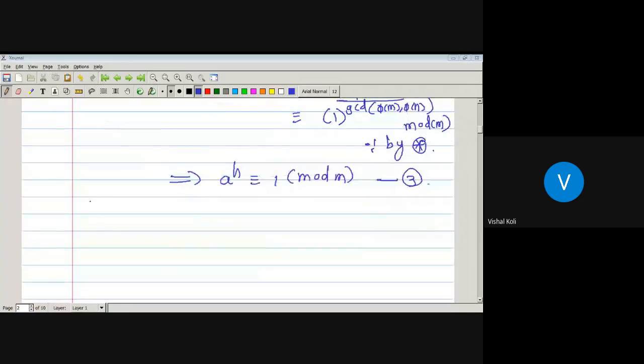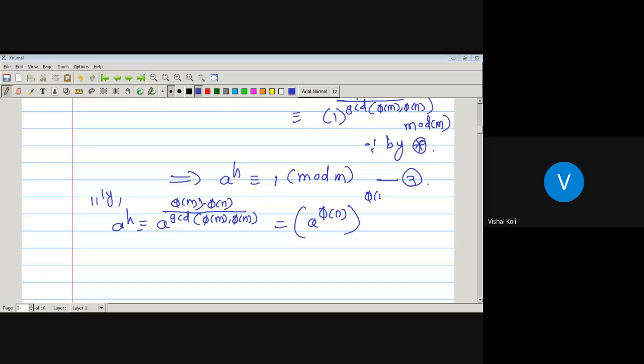Similarly, again consider a to the power h, which is nothing but a to the power phi of m into phi of n divided by GCD of phi m comma phi n, and which is nothing but a to the power phi of n to the power phi of m divided by GCD of phi m comma phi n.